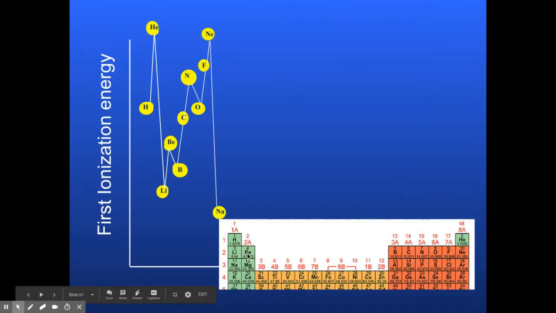So the electron configuration of beryllium has a full S sublevel. Here we have a first electron in a p sublevel. The reason that there is a lower first ionization energy for boron than for beryllium is that the electrons must be less attracted to the nucleus. That's the only explanation there is.